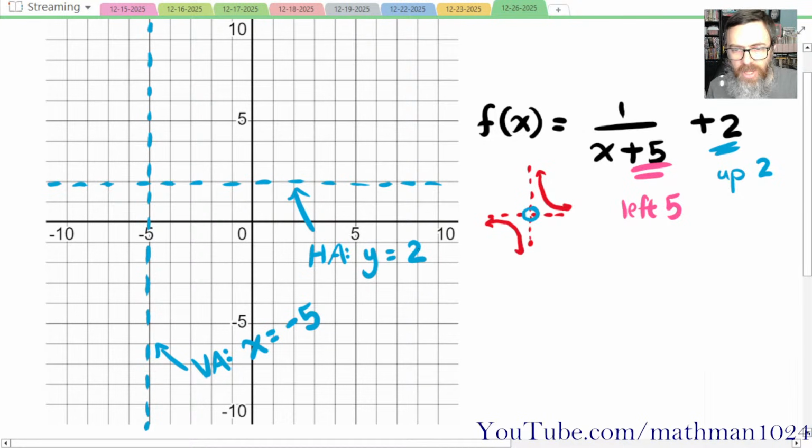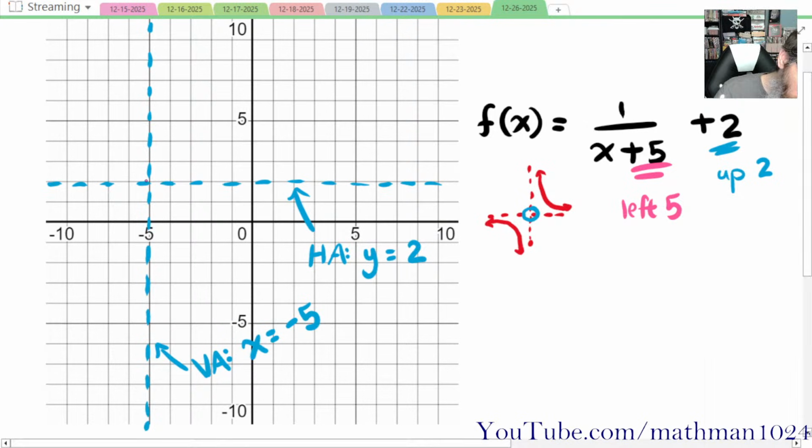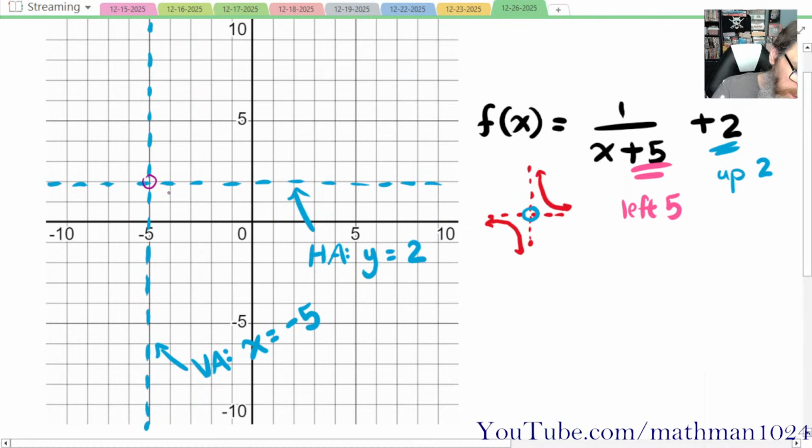Remember, all of your vertical lines are going to be x equals a number. All the horizontal lines are y equals a number. So I'm not putting a point here. I'm just highlighting that this is where your origin would have been. And from here, we're going to plot those key points from our reciprocal function, which would have said that the reciprocal of 1 is 1. The reciprocal of 2 is 1/2.